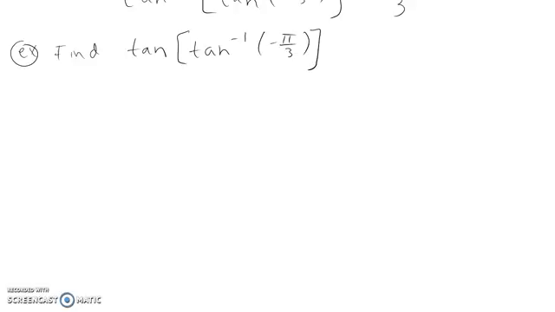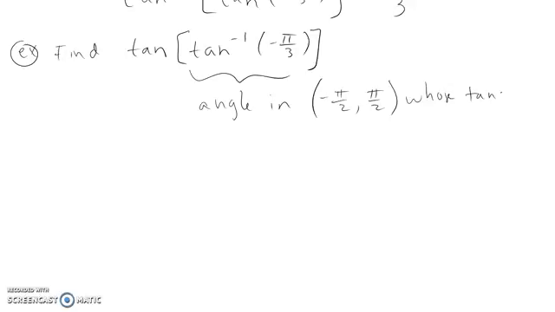The first thing we have to do is inverse tangent, which is the angle in the interval negative pi over 2 to pi over 2 whose tangent value is negative pi over 3.